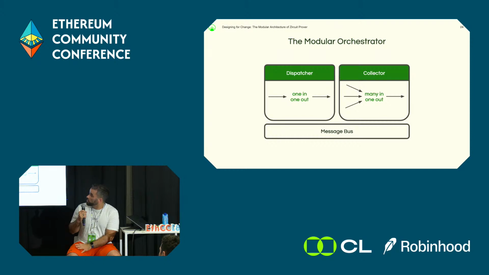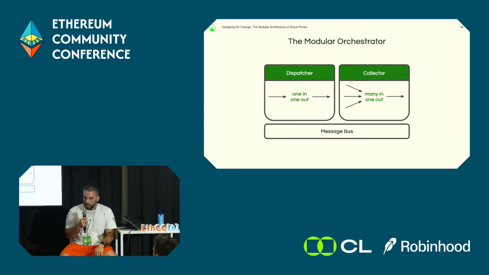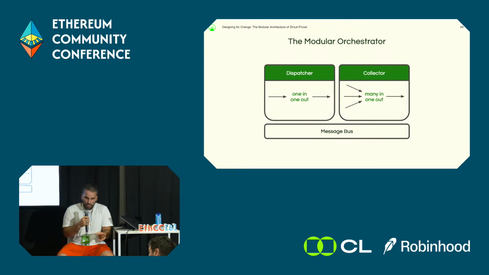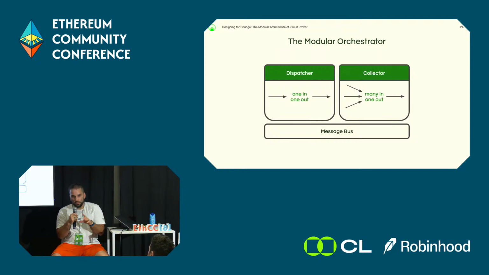Now the modular orchestrator. The modular orchestrator was constructed with this dispatcher and collector paradigm, where the dispatcher expects one input, generates one output, and the collector expects multiple inputs, can generate one or more outputs, does something with them, and then generates something. The nice thing about this is the messaging between them is all taken care of.